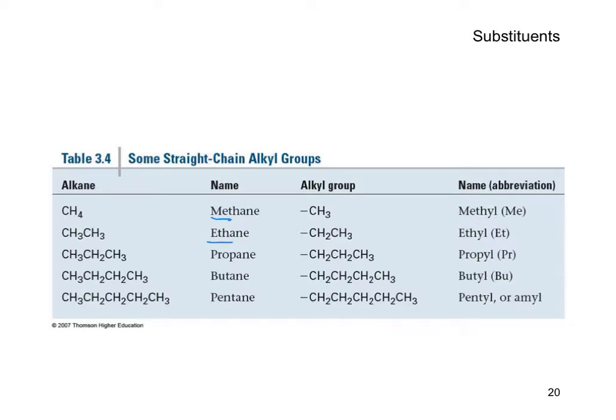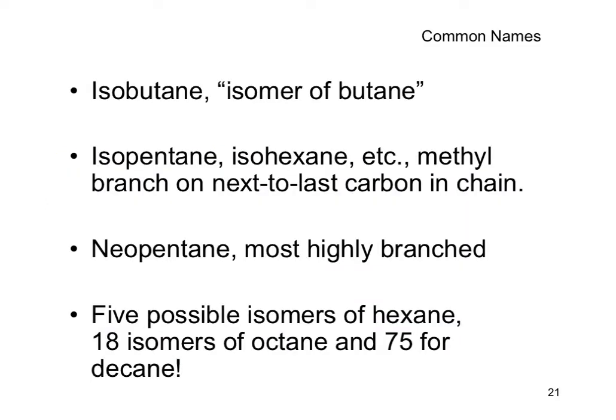Ethane becomes ethyl, Et. Propane becomes propyl. Butane becomes Bu. And pentyl is also called amyl. Those don't have an acronym, but the first 4 will hold true. Likewise, if you had a benzene ring, which you will, those of you who have to take organic too, that will be Ph. Okay? All right.